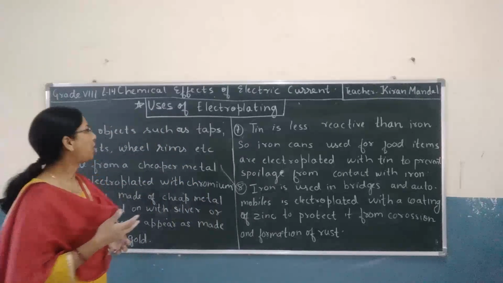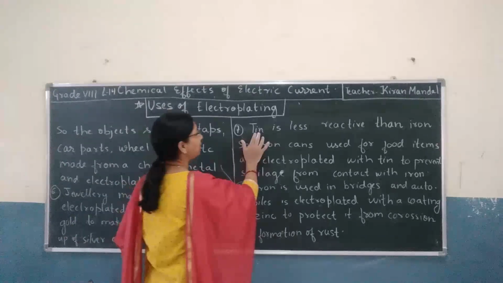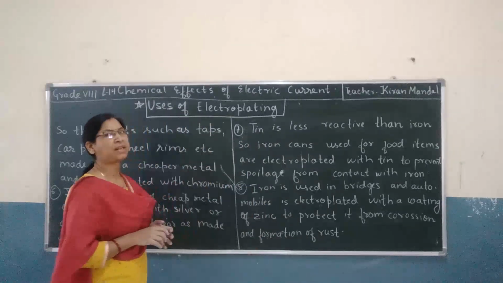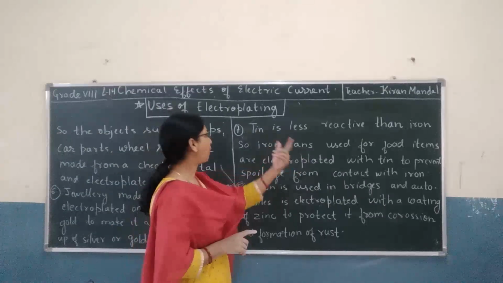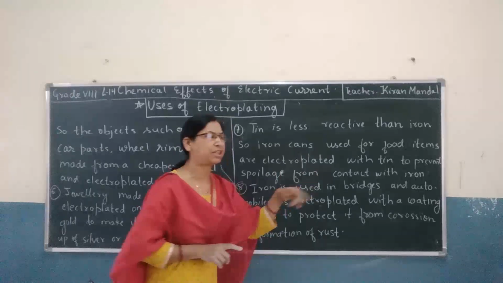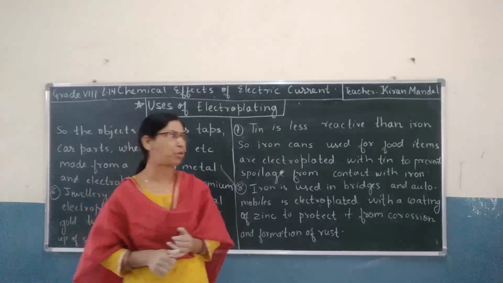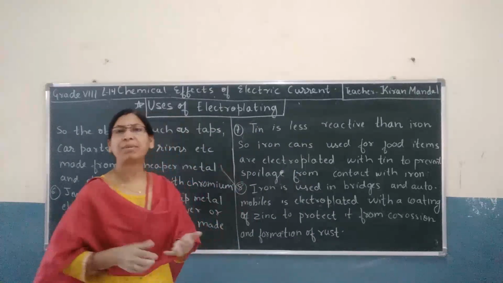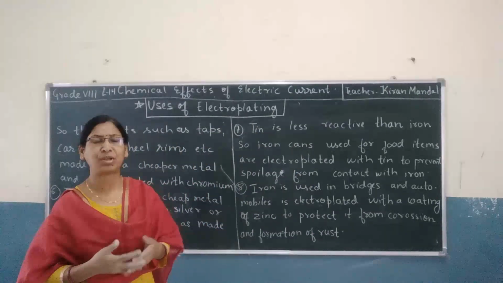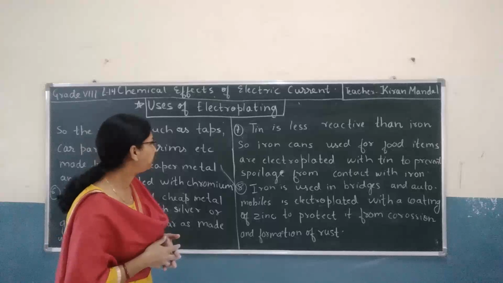Next use of electroplating: tin is less reactive than iron. So iron cans used for food items are electroplated with tin. Why is it done so? It is done to prevent spoilage from coming in contact with iron, because iron gets rusted.